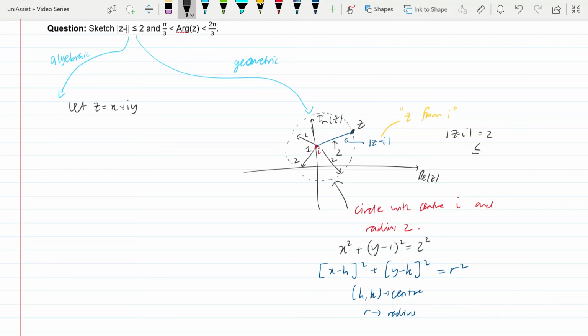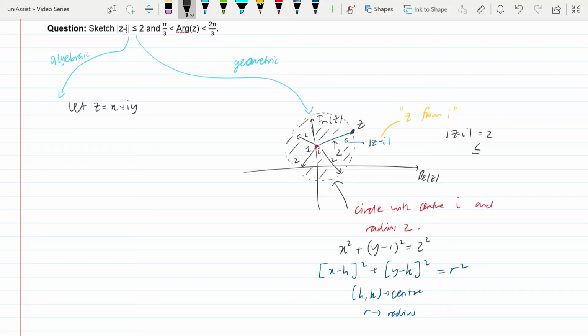So what that means is that z can be anywhere within this circle and it will satisfy our constraint. So basically, what the question is describing is a region of space where you're inside the circle bounded by x squared plus (y minus 1) all squared equals 2 squared.